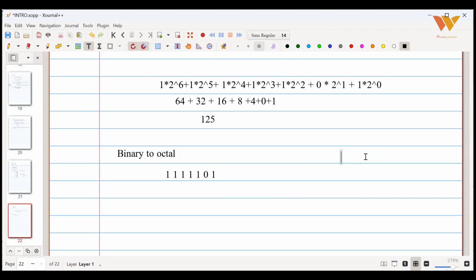Can anyone tell me? So the 8421 concept can be implemented. If you add 8421, you will get 15. Can you use it for octal?